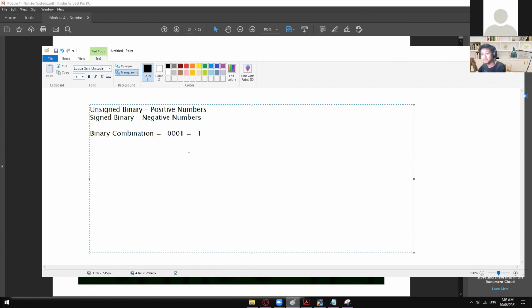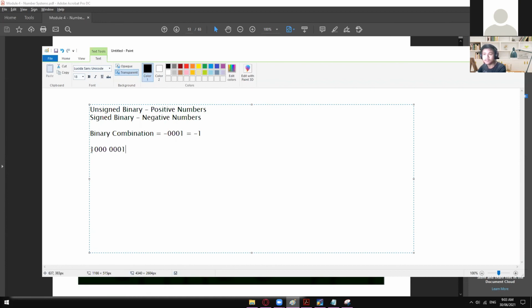So the logic behind making a binary number equal to a negative number is to make the highest bit, the 8th bit, the sign. So if you want to represent negative 1, you're going to make it something like this.